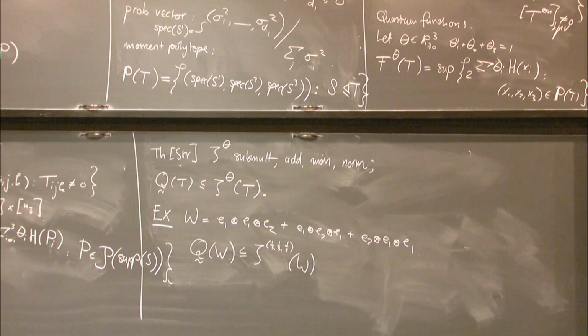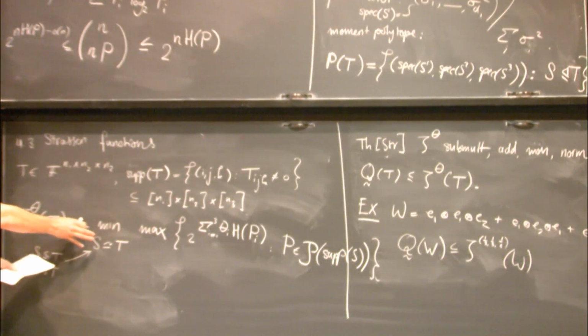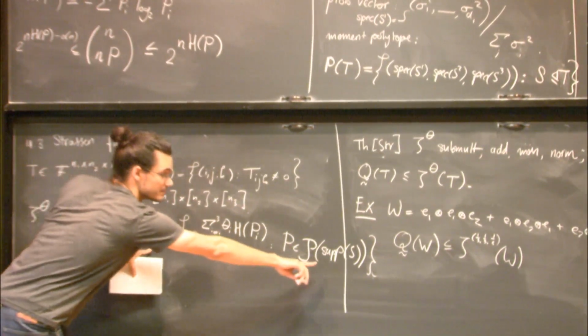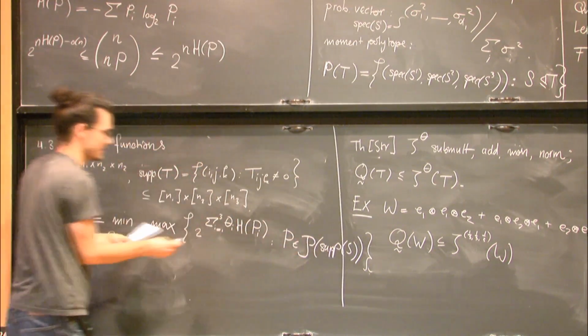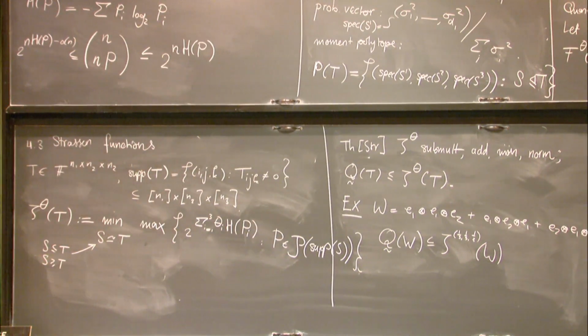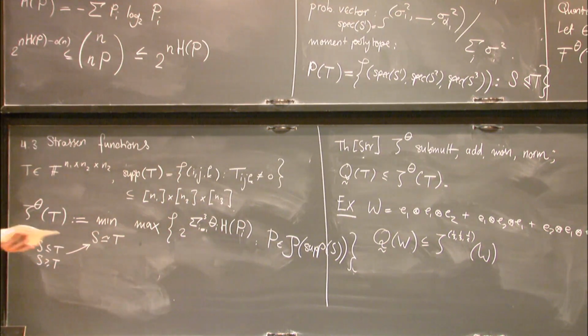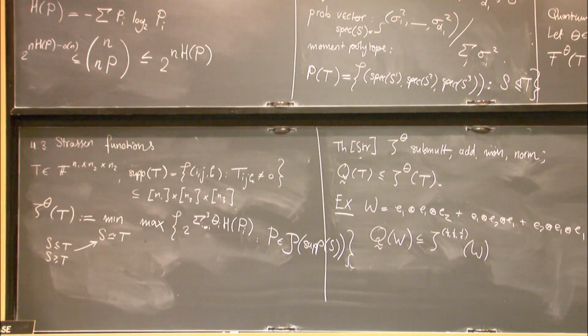This is really the complicated part of this function. It's completely unclear how to ever minimize over this. This is easy once you fix S, because if you know what this set is, it's a convex set, and you have this concave function. You throw this in a computer, and it will give you the answer numerically, or you could even do it by hand sometimes.